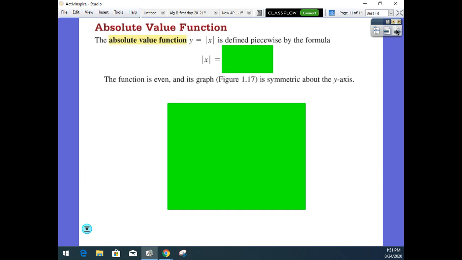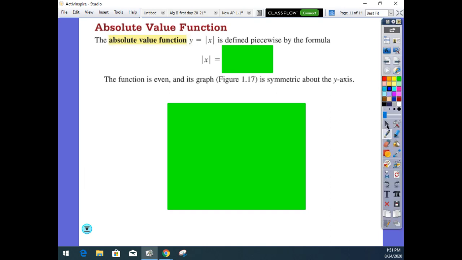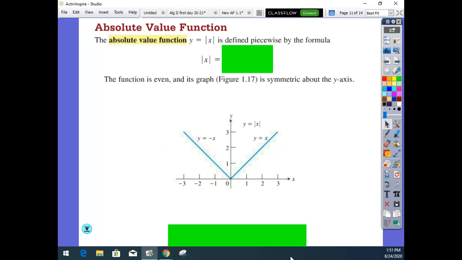All right, absolute value is defined as a piecewise. First of all, let me just see. So this is your absolute value, right? I want you to think about, if we just graphed y equals x, the most common line ever. Pretend that just crossed through the origin. What does absolute value do to all values? It makes them all positive.